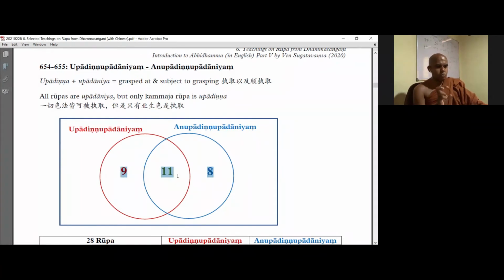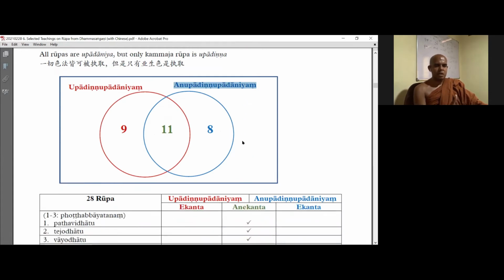And anupadinnupadaniya means not karma born rupa, but similar meaning, just put with only the upadaniya word. Upadaniya word means subject to the grasping only. This is the meaning, but the others are all the same. Upadinnupadaniya there are 20 rupa. Anupadinnupadaniya there are 19 rupa.